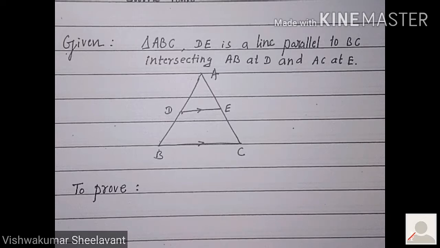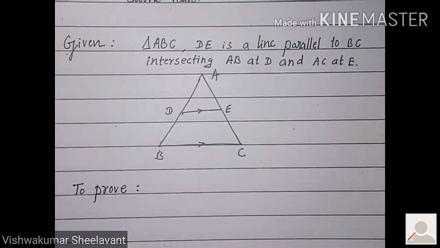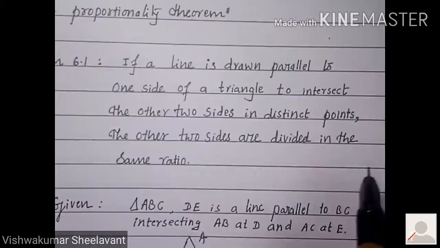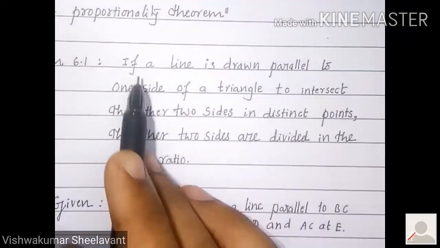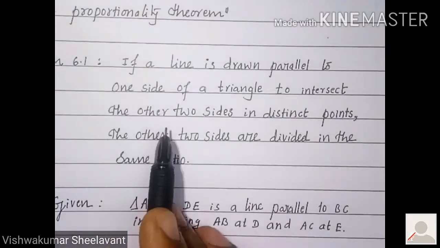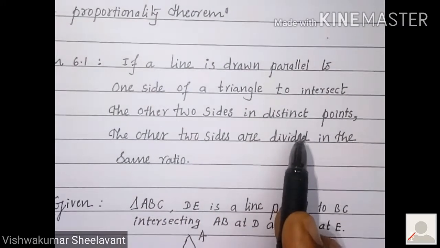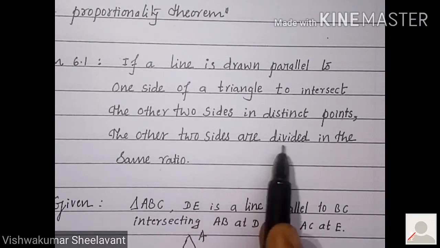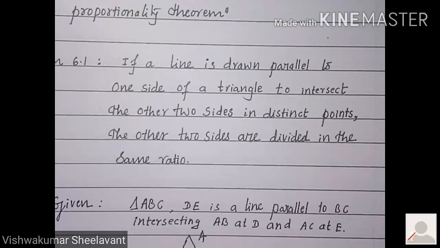what we have to prove, we have to read the statement of this theorem once again. If a line is drawn parallel to one side of a triangle to intersect the other two sides in distinct points, the other two sides are divided in the same ratio.